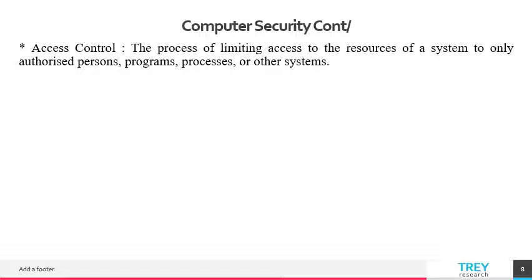When they are accessing information, the registrar cannot have access to the accounts office. The registrar will be restricted to just the information which he or she requires, and not information to do with money. So that's what we mean by limiting access.